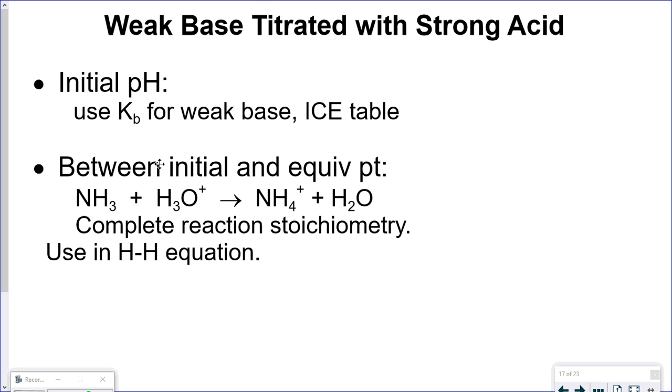Between the initial pH and the equivalence point, we are going to complete the reaction stoichiometry, so we can do another ice table if need be, look at how much was neutralized, and plug our values into our Henderson-Hasselbalch equation.